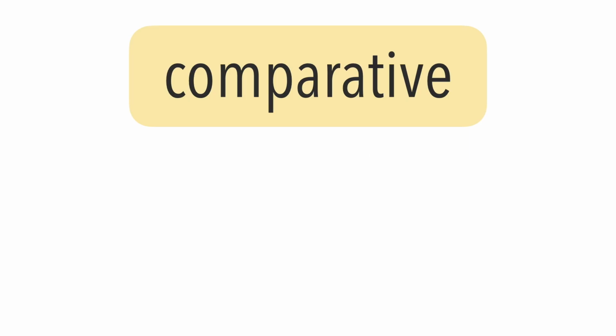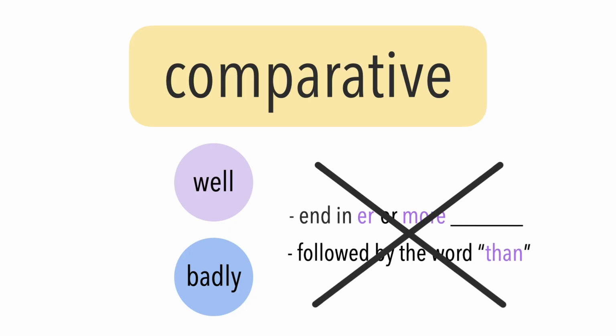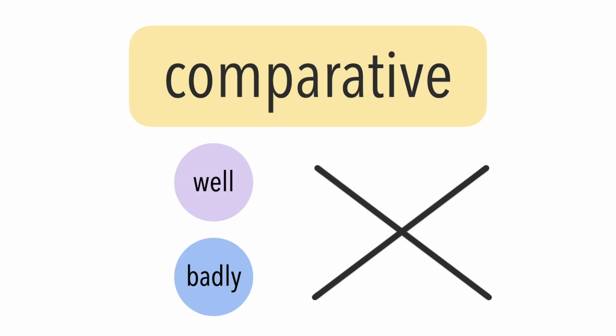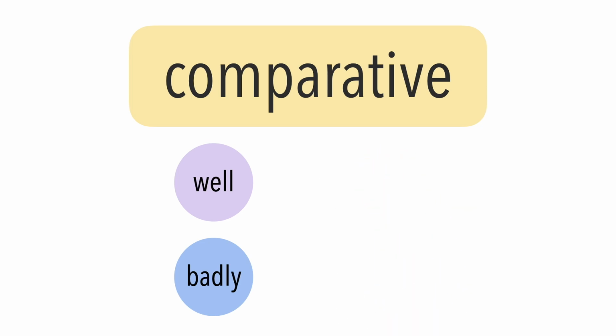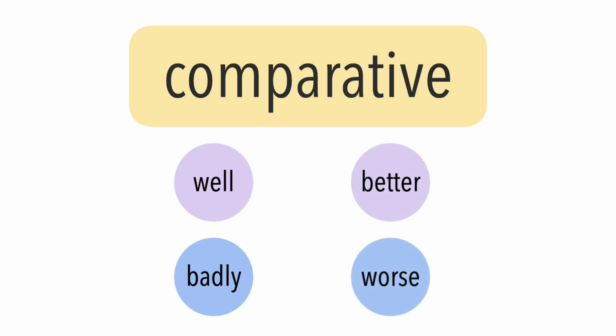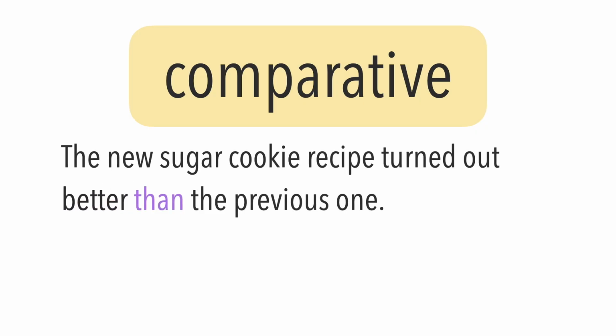But the adverbs that we're focusing on today, well and badly, are irregular, which means they don't follow the typical comparative pattern. We don't add er and say weller or badlier. Instead, their comparative forms are entirely different words, better and worse. For example, the new sugar cookie recipe turned out better than the previous one.